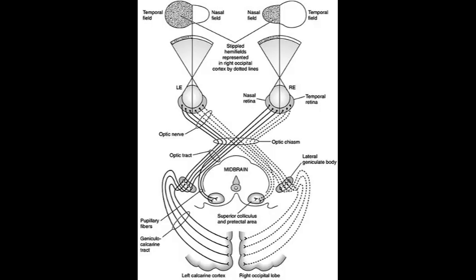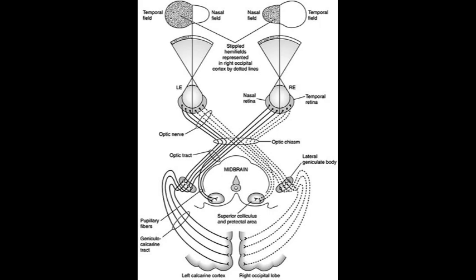Nasal fibers, which carry information from the temporal field, will decussate at the chiasm and travel in the contralateral optic tract, while the temporal retinal fibers, which carry information from the nasal visual fields, will go to the ipsilateral optic tract.